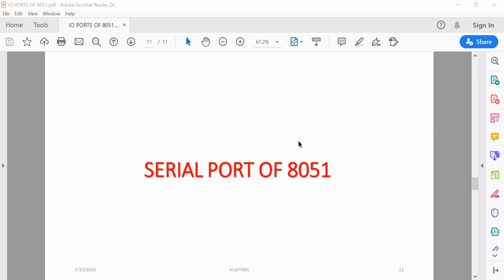Certain things I need to again just revise. There is a peripheral IC which is called 8251, if you can remember this, and that is called the Universal Synchronous Asynchronous Receiver Transmitter, USART.